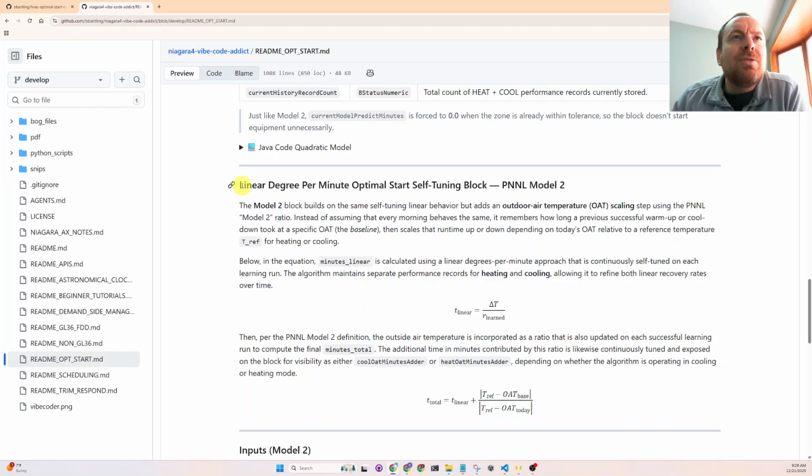So Model 2, which we're at: linear degree per minute, and then PNNL.